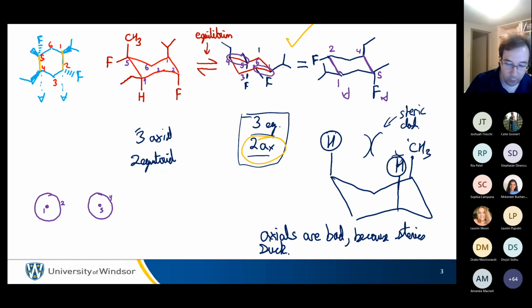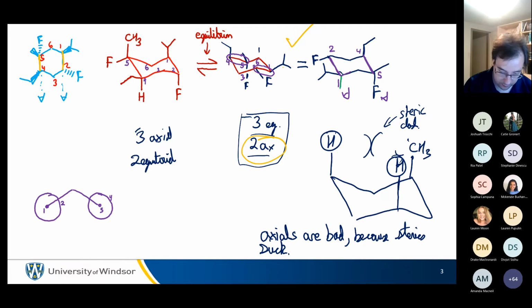So between carbon 1 and 5, if I'm looking at carbon 1, 2 straight down, we can draw in the hydrogen if it helps. I'll draw the hydrogen in a different color.